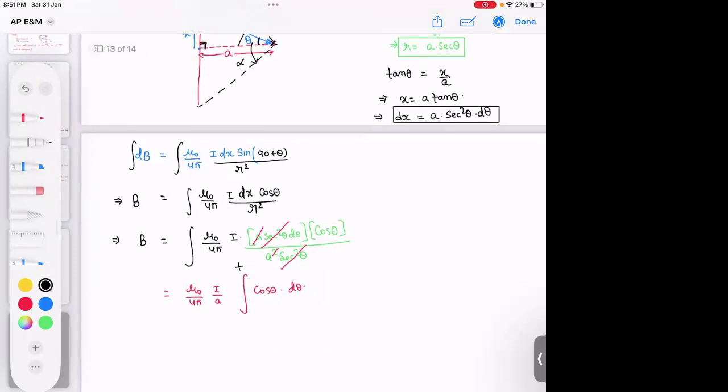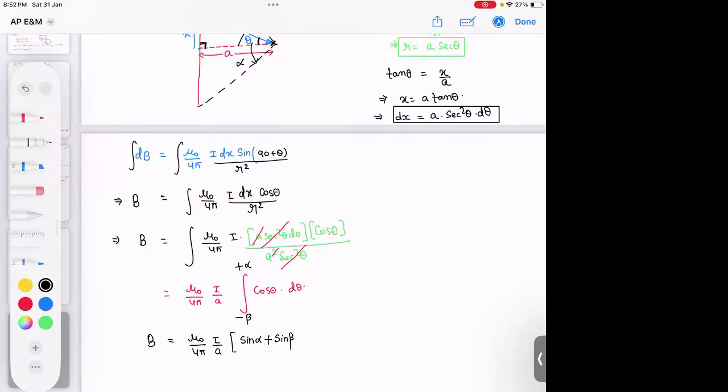So we can put plus alpha here and minus beta here. So if you integrate it, what are we getting? Mu naught by 4 pi I by A, and cos theta d theta integrates to sine theta, right? Put the upper limit, sine alpha, minus the lower limit, sine minus beta.